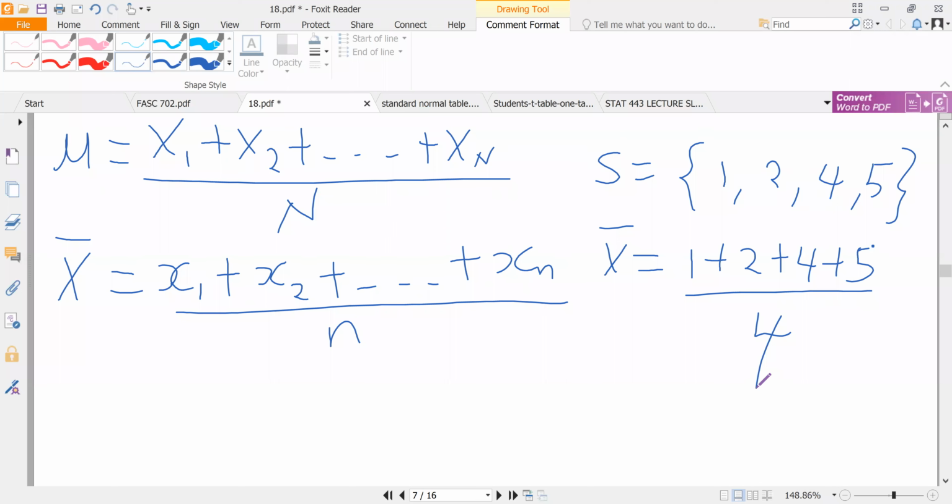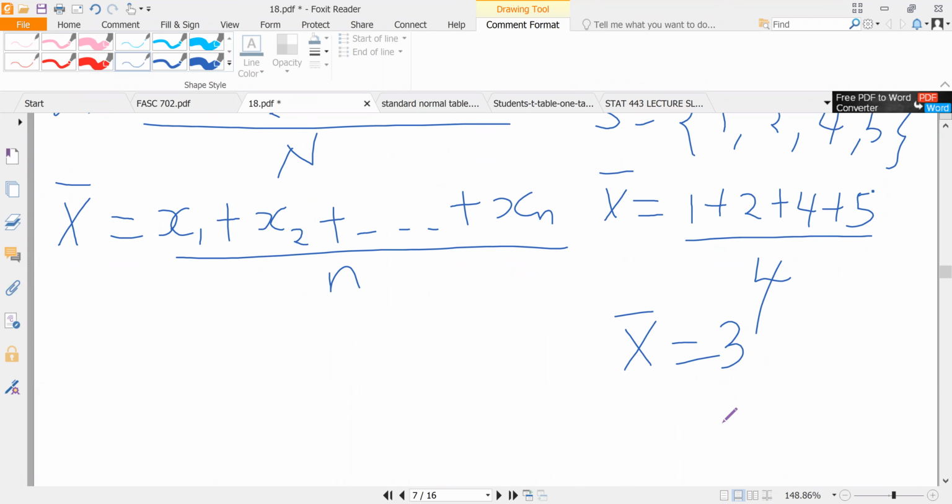So we are going to get a value of X bar, which in this particular case is going to be 3, because 7 plus 5 is 12, and 12 divided by 4 is 3. Now, for this particular sample, X bar is equal to 3.